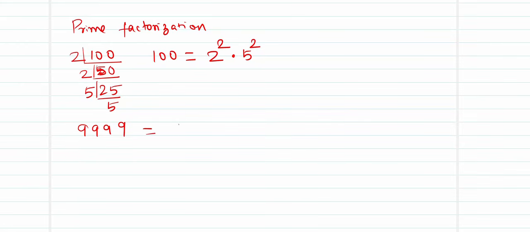It is 9 times 11 times 101. But this 9 is nothing but 3 squared. So I write 3 squared into 11 to the power of 1 into 101 to the power of 1, which is again a prime expressed to the power of 2, a prime to the power of 1 and a prime to the power of 1.